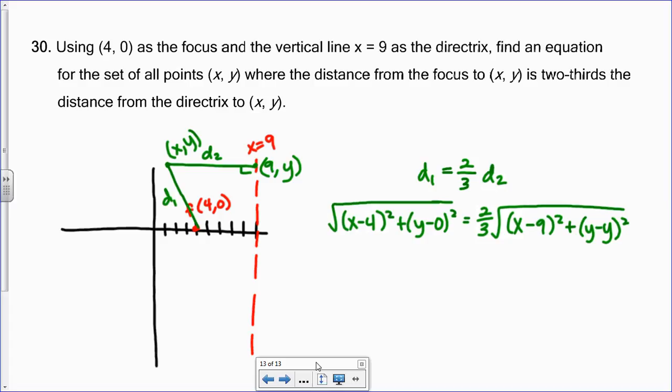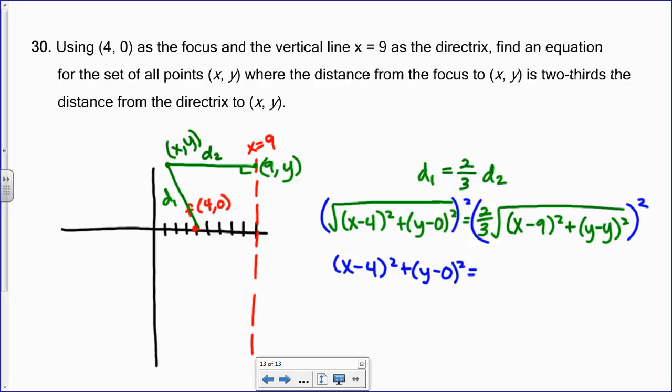Okay, so what's the first step? What's the first thing I should do? Good. Square both sides. That 2/3 is there, so that also needs to be squared. That's part of this equation. So on the left, I'm going to get x minus 4 squared plus y minus 0 squared.